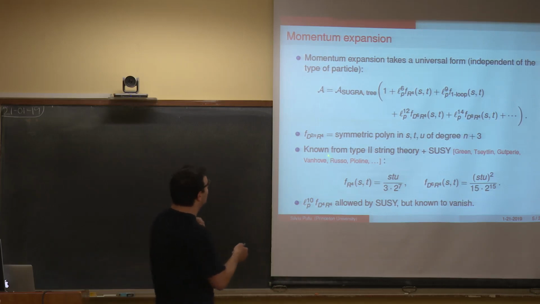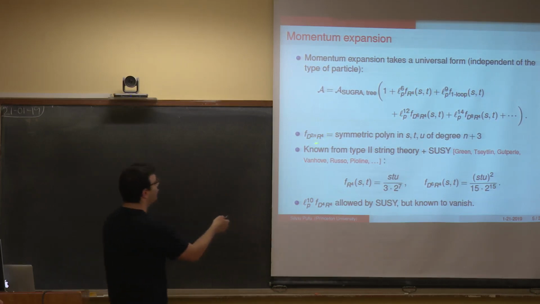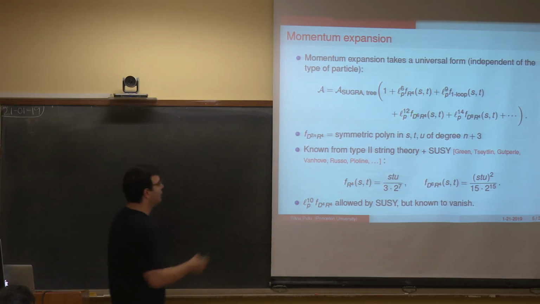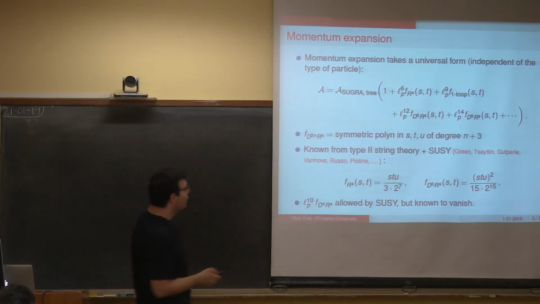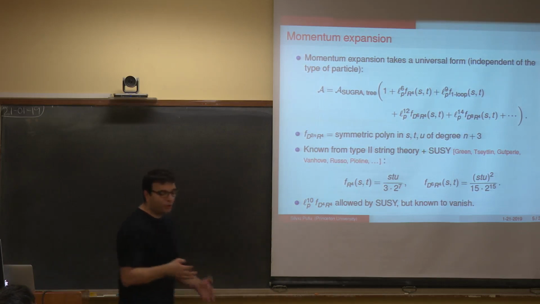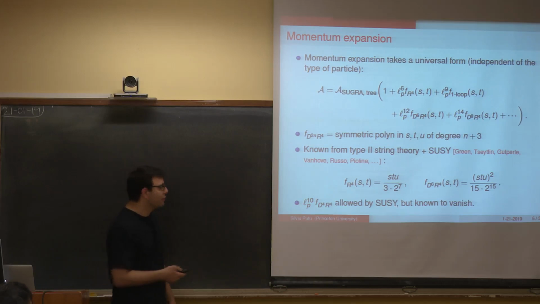In particular, the f's that I denoted by D^{2n} R^4 are symmetric polynomials in S, T, U of degree n plus 3, because they come multiplying L Planck to the power 2 times n plus 3. The first few are known from string theory calculations, lifting string theory scattering amplitudes.